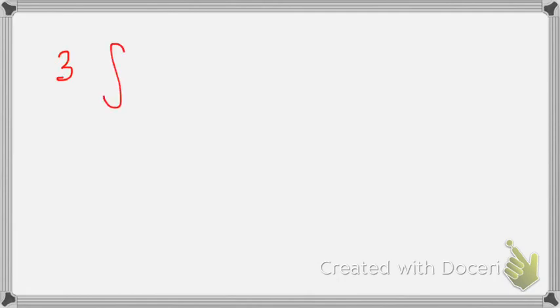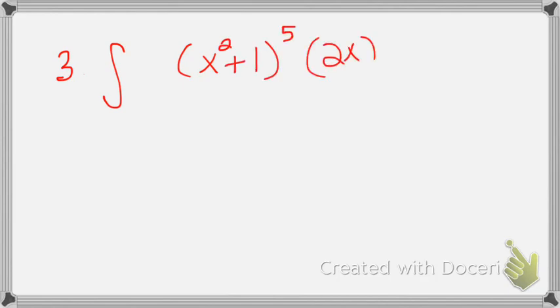So let's say we want to do the integral of (x squared plus 1) to the 5th times 2x. Now the first couple we're going to do, you're probably going to think, I don't even need to do use substitution, and I understand that. However, once I show you what use substitution does when it doesn't look like the first couple, you're going to see where it might be helpful.